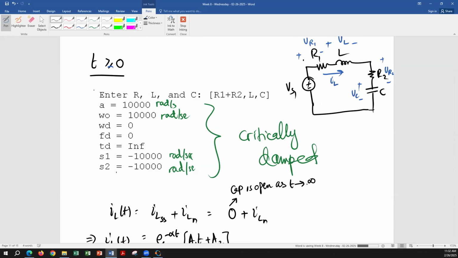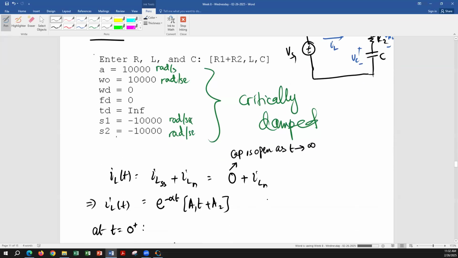KVL, okay, so what will be the equation for the capacitor voltage? Yeah, we just wrote down that expression.